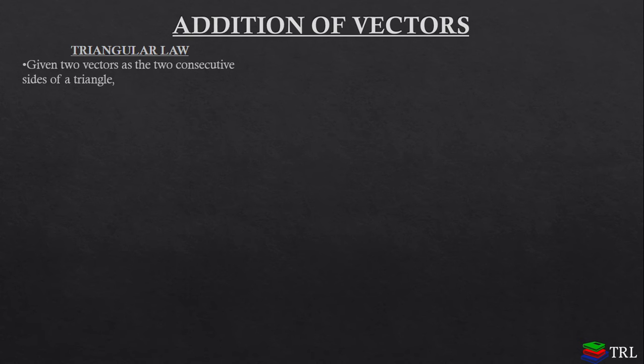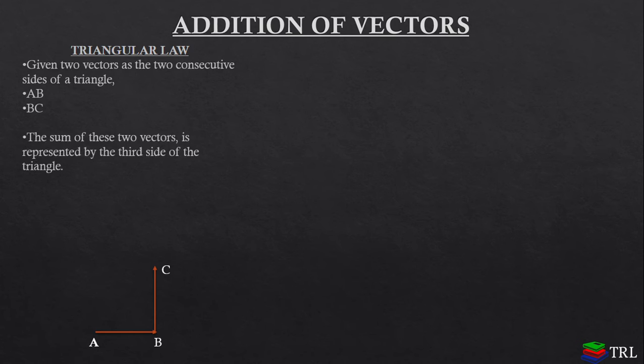Addition of vectors. Let's look at the triangular law of addition. Given two vectors as the consecutive sides of a triangle, vector AB and vector BC, the sum of these two vectors is represented by the third side of the triangle, that is vector AC.